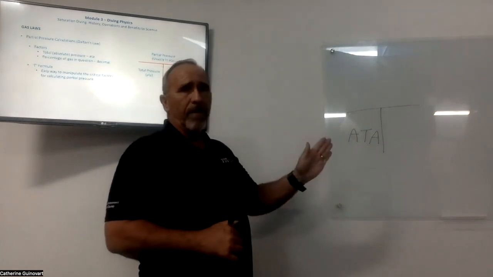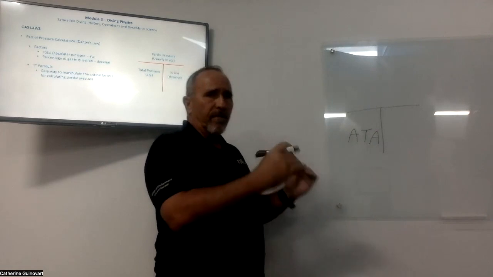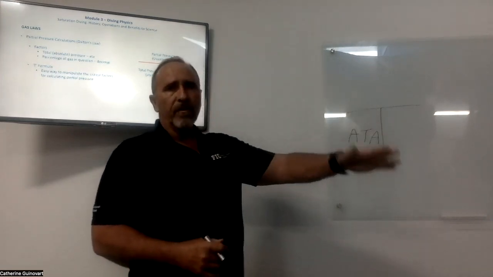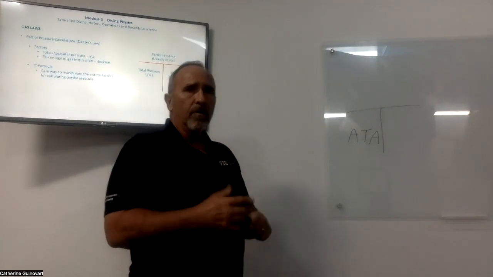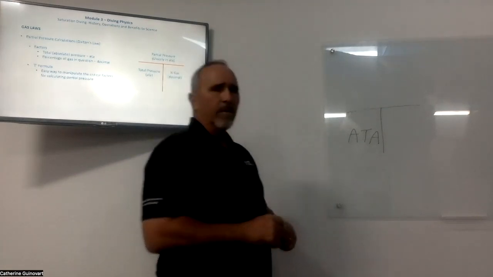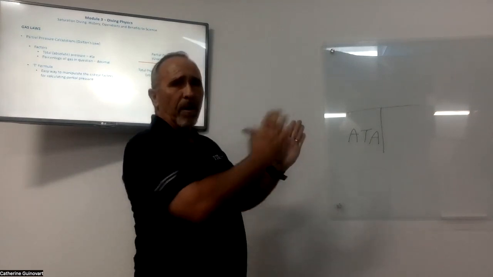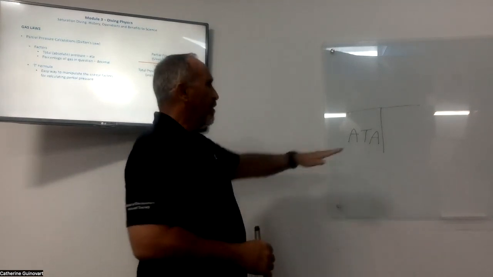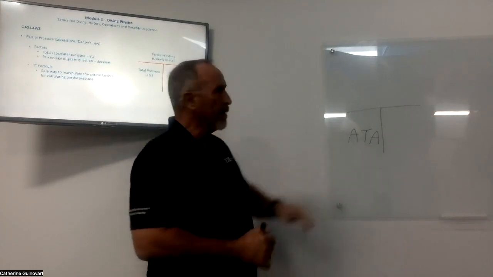Right? It's depth plus 33 divided by 33 gives you atmospheres absolute. That's the formula I use. There's another formula which is quicker and easier by adding 1 or something like that, but that's the one I always have in my head. Depth plus 33 divided by 33 equals ATA. Once you figure that out, you plug in your ATA here.